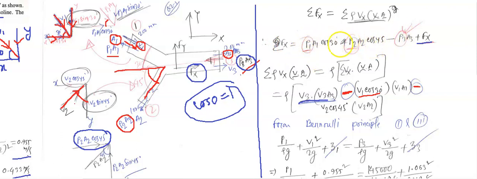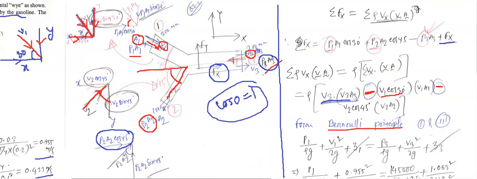We don't know the values of P1, P2, P3. So what we can do is implement the Bernoulli principle here, for 1 to 3 or 2 to 3, and in that way we can get the pressure. We know the pressure P3, it is given in the question.